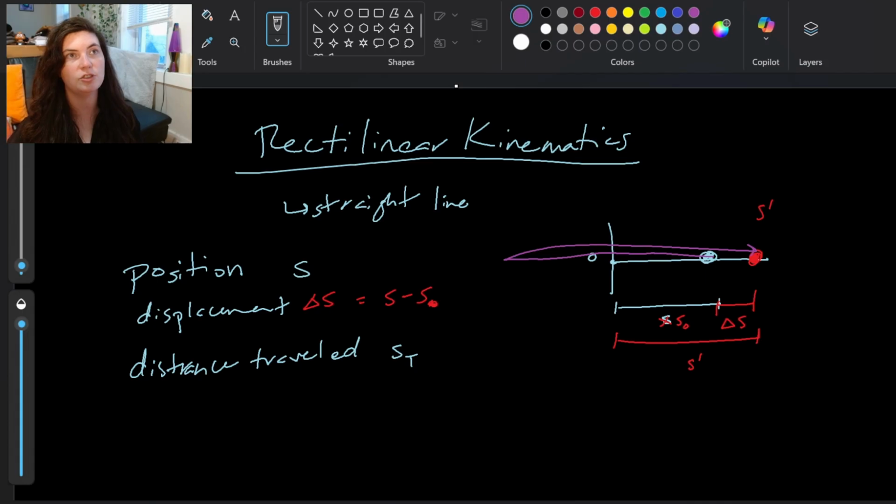So this distance traveled covers all of this that it's gone over, whereas the displacement does not. S t would cover everything, everywhere that particle has been in that same time, even though it may not match up with what the position is and may not match up with the displacement.